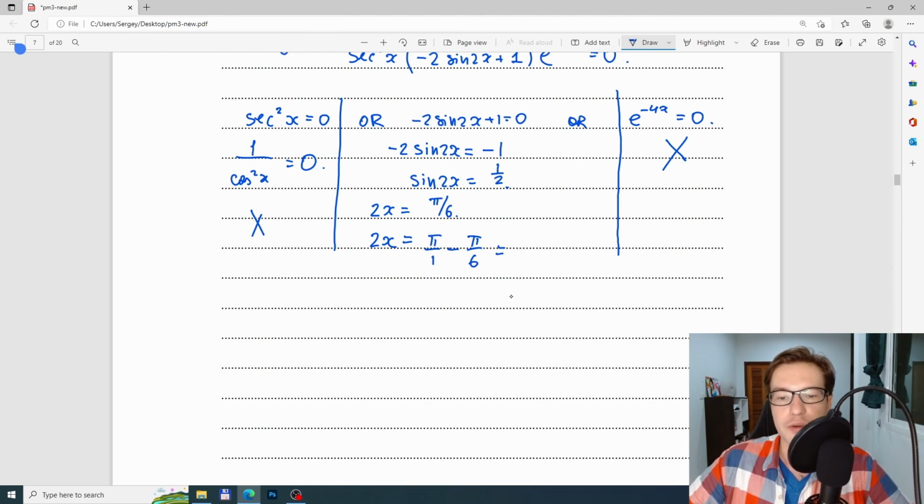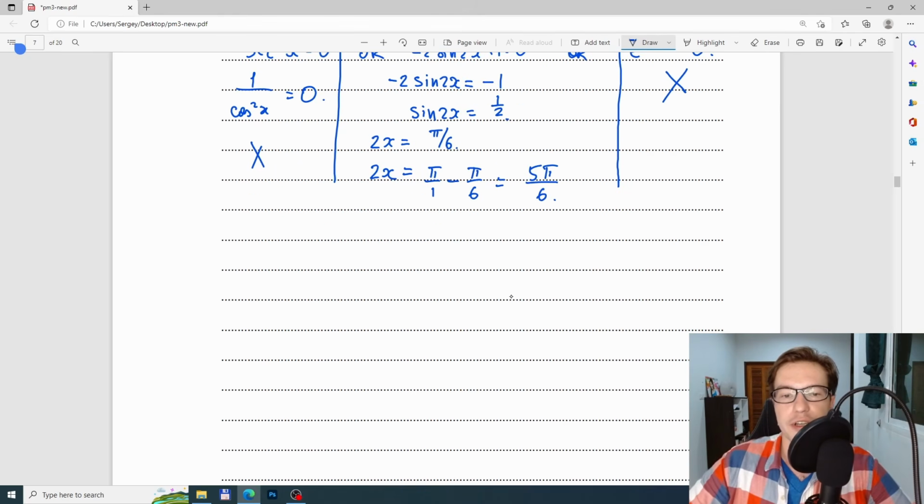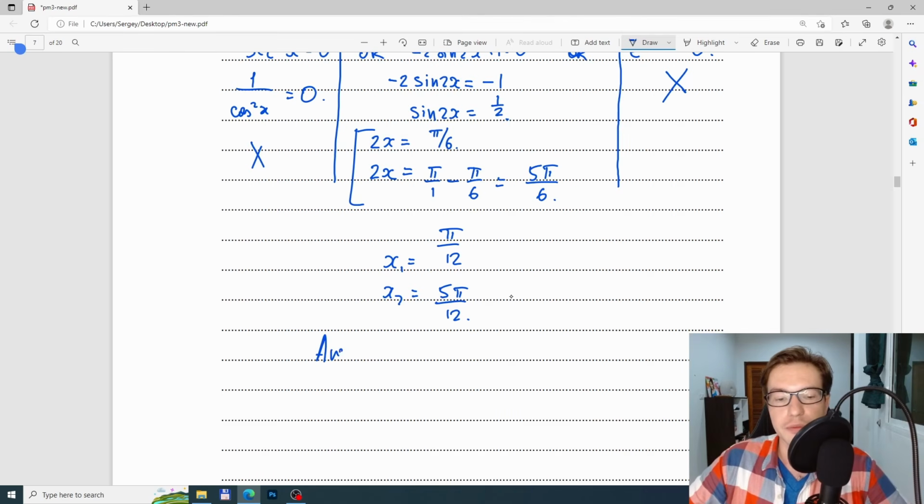So that gives us 5 pi over 6. Okay, and now all we have to do is divide both of them by 2, and we'll get x equals pi over 12. That's the first one. And the second one would be 5 pi over 12. That's going to be our final answer for that question: pi over 12 and 5 pi over 12.